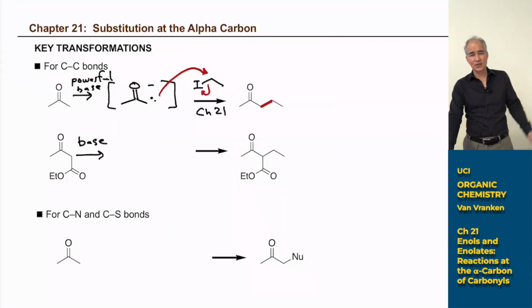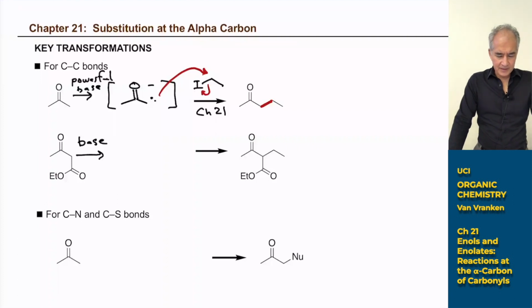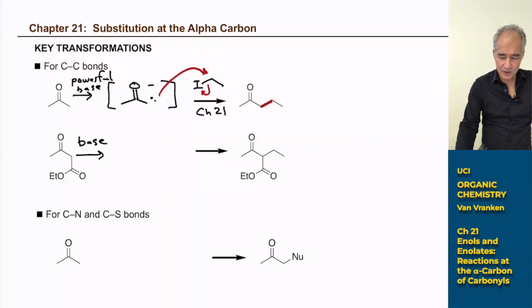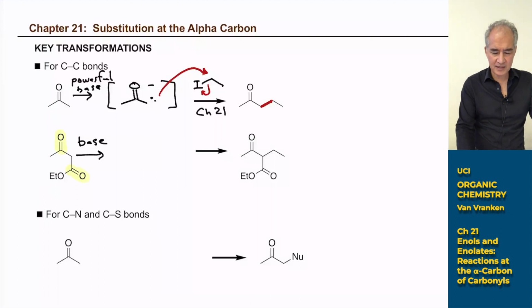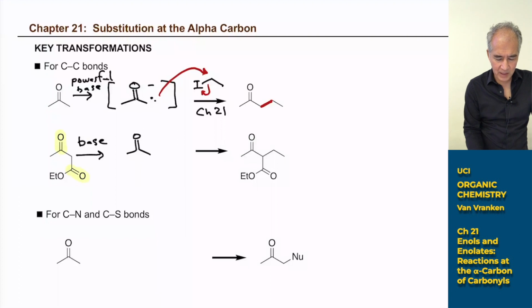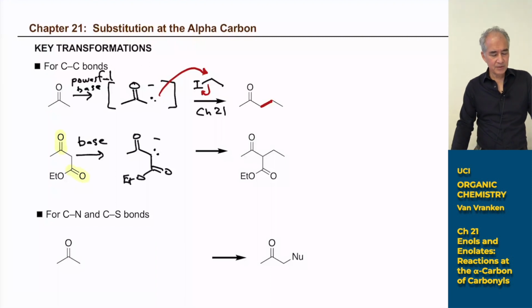They're bases, sure, but what they found is that if you have 2 carbonyl groups, now it's acidic enough for an alkoxide base to efficiently synthesize these carbanions. Carbanions between 2 carbonyl groups are so stable you can make them using alkoxide bases. So here you can use an alkoxide base.